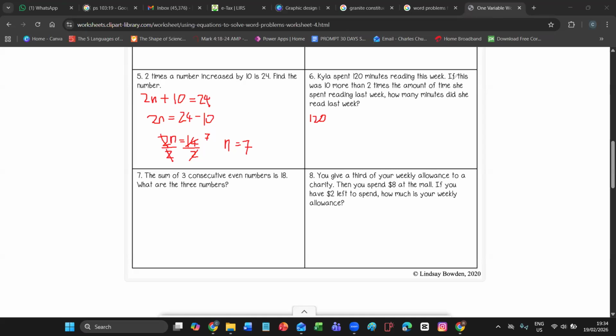Notice what comes after the first sentence. It says, if this was, see the was, right? Did you notice that was is a form, what do they call that thing? Past tense form of is.